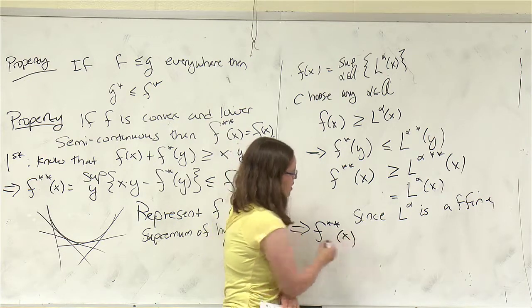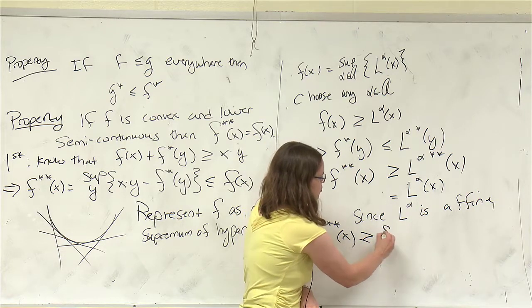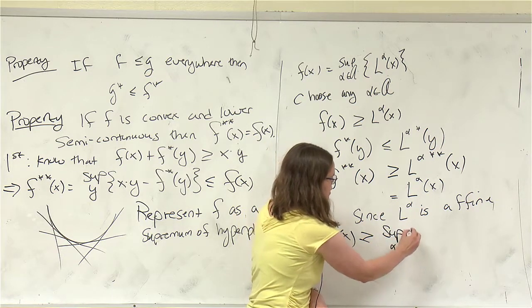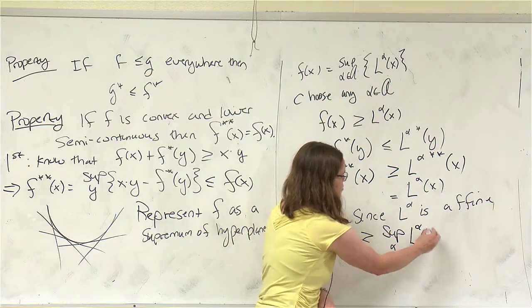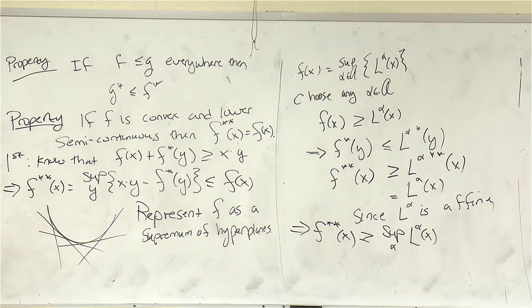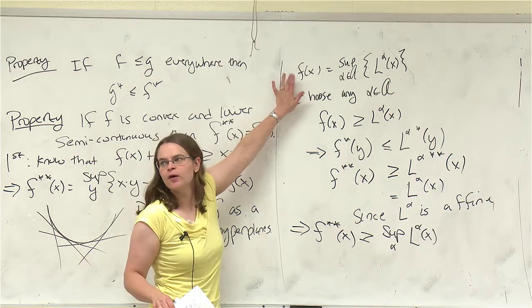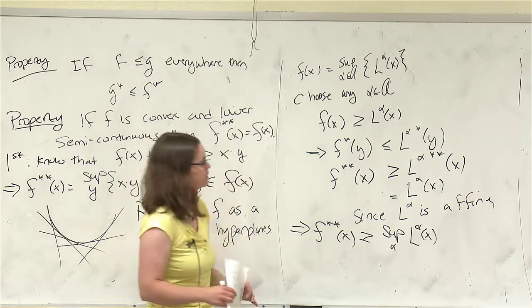So we have the double Legendre transform of f is also bigger than or equal to the supremum over alpha of L alpha of x. And that's precisely how I represented my convex function initially.